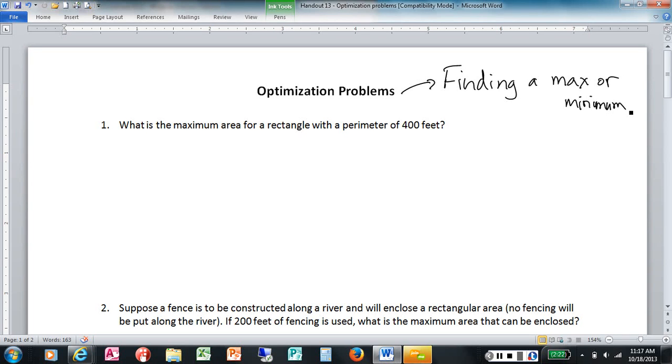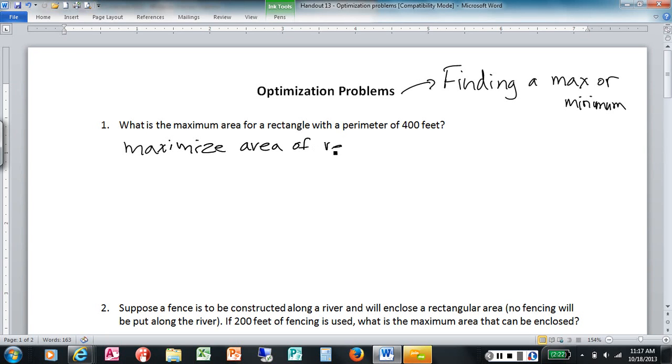Well, hopefully, obviously, there you're thinking we need some formulas here just to get us going. So what I want to do is maximize the area of a rectangle. So guess what? I'm going to need here the formula of an area of a rectangle.